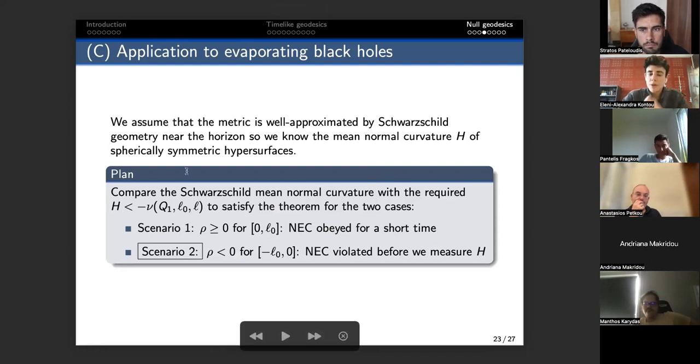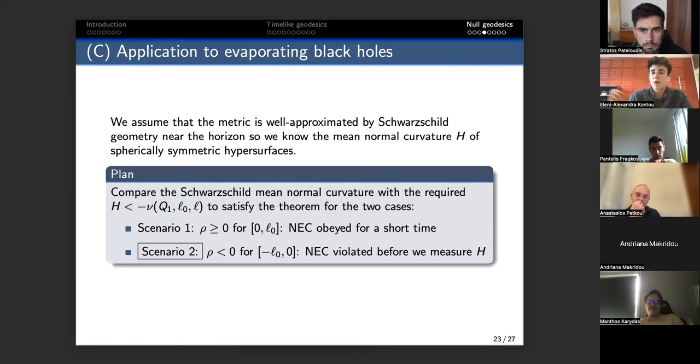In this theorem, the H would depend on the Q1 that comes from our energy condition, the L naught, and the L. The L is the affine parameter where the singularity is formed. Again, we have the two scenarios: the NEC obeyed for a small time, or the NEC violated a little before we measure the mean normal curvature. And this is the scenario I'm going to show you.